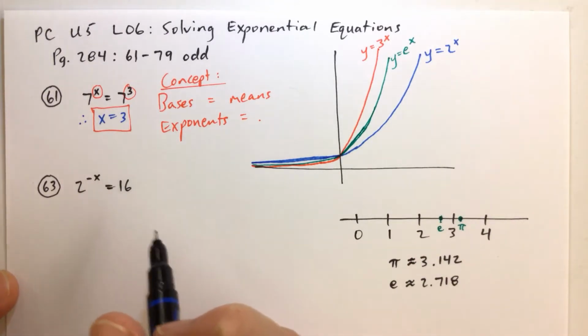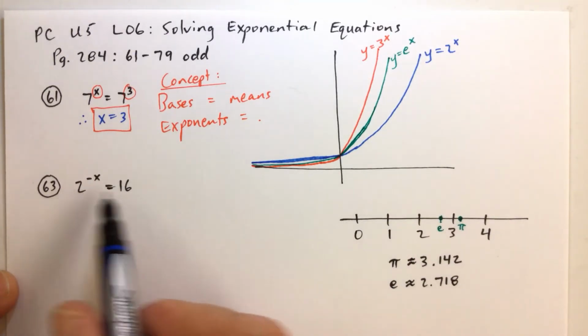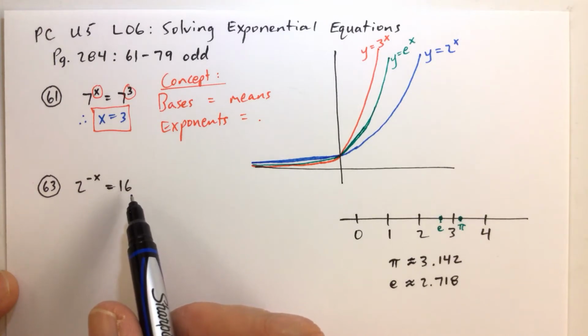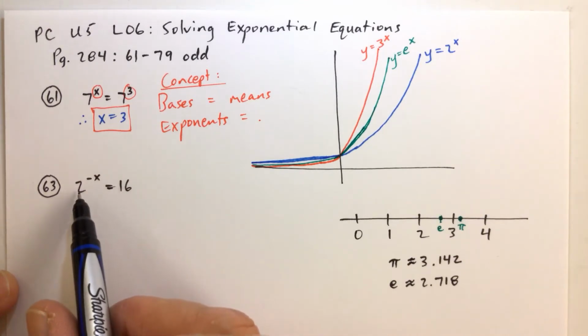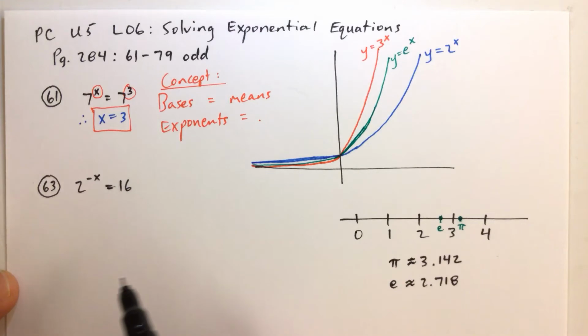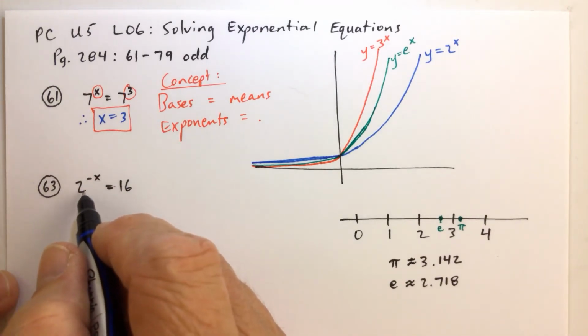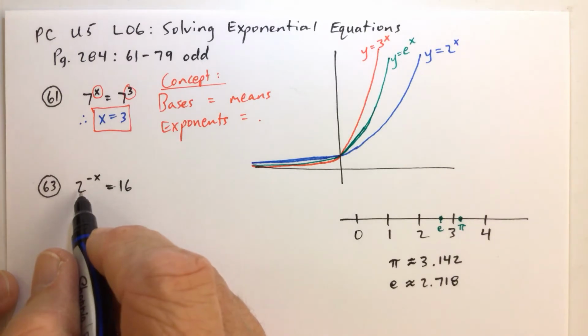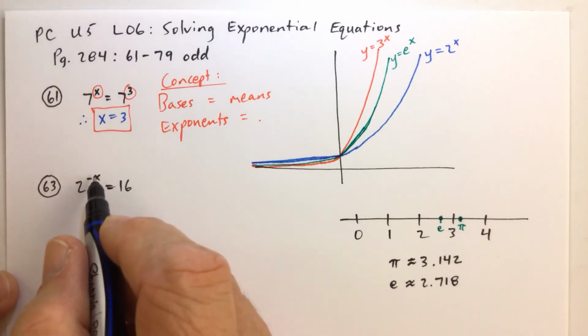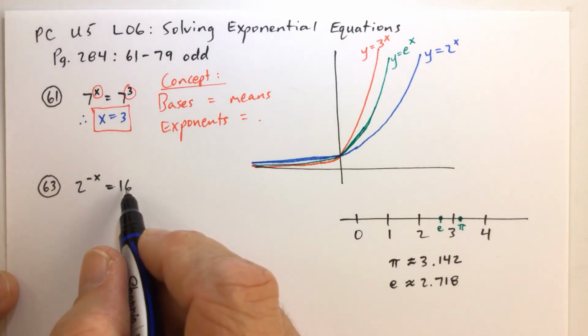So problem 63, and in future problems here, it's good to recognize your powers of 2, and 3 and 4 and 5. Those are the ones that we see most often. Here we see that the left side of the equal sign is written as 2 to a power, and the right side is not.